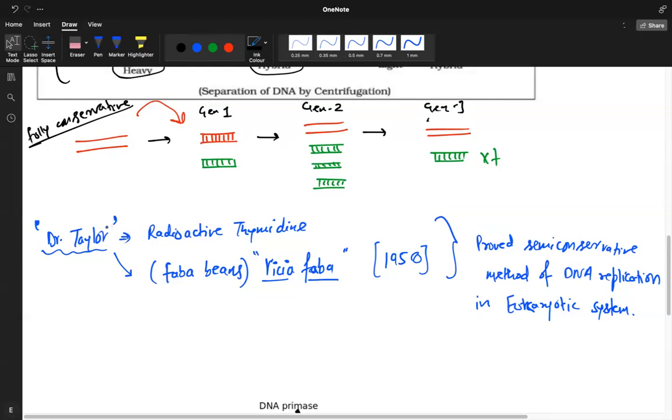They used radioactive thymidine to detect the distribution of newly synthesized strand.